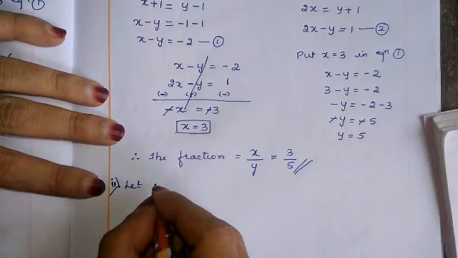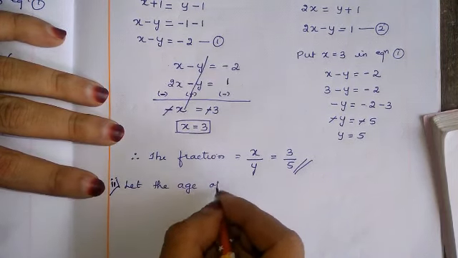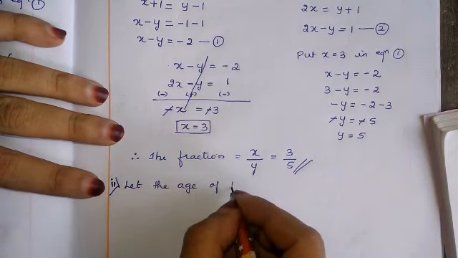Let the age of Nuri be x. x years I have considered. And the age of Sonu be y years. Okay. This is their age. Now they have two conditions.